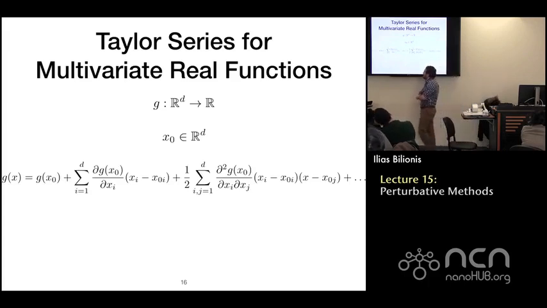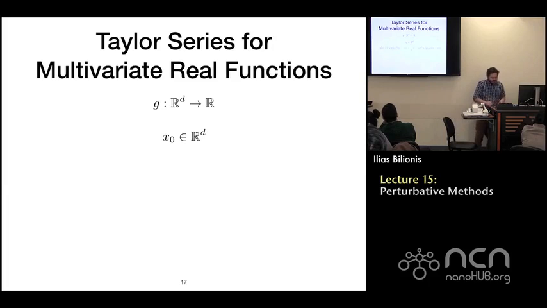Okay, it's not a big deal. It's basically just like the 1D one, but you have one component for each dimension. So you have here all the first order derivatives times the difference of each component from x0, and 1/2 the Hessian matrix, all the pairwise mixed derivatives with respect to xi and xj, times this thing, plus third order effects, which you can guess look exactly like that, but they have 1/3 factorial in front of them.